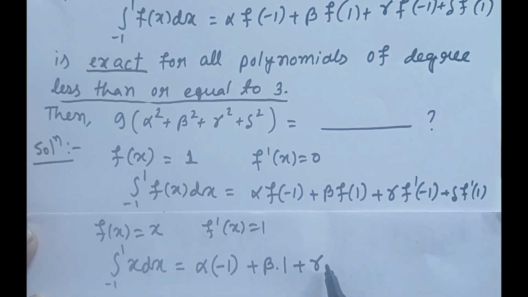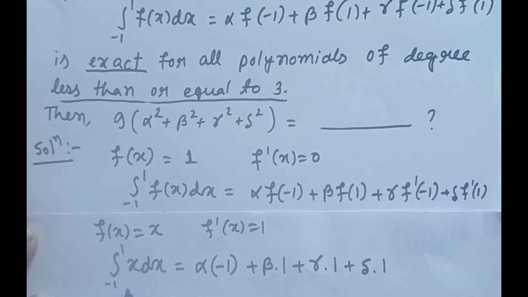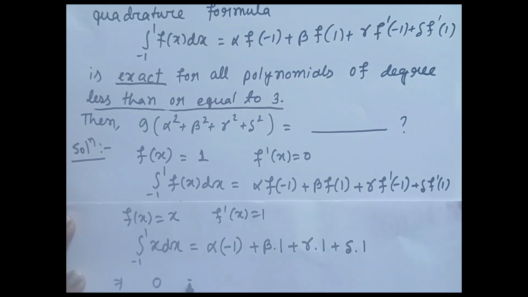So gamma into f'(-1) is 1 plus delta into f'(1) is again 1. Because x is an odd function, the LHS will be 0 and the RHS will be minus alpha plus beta plus gamma plus delta. This is our second result.